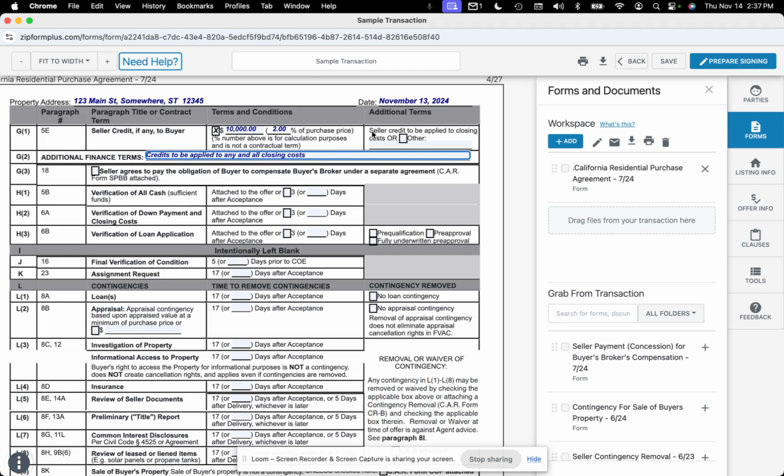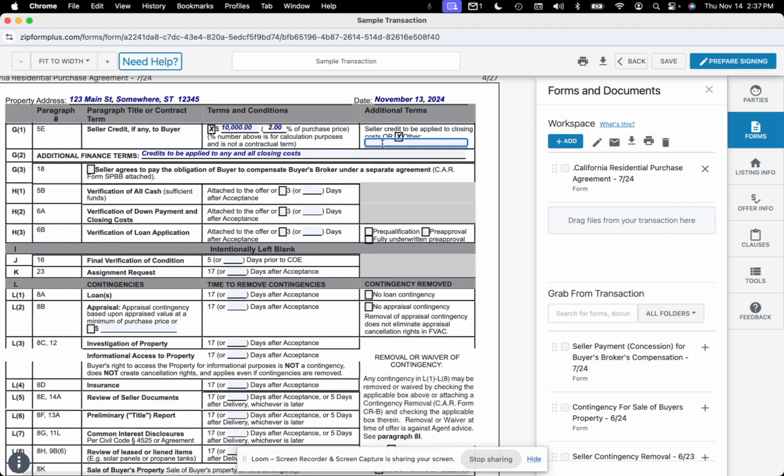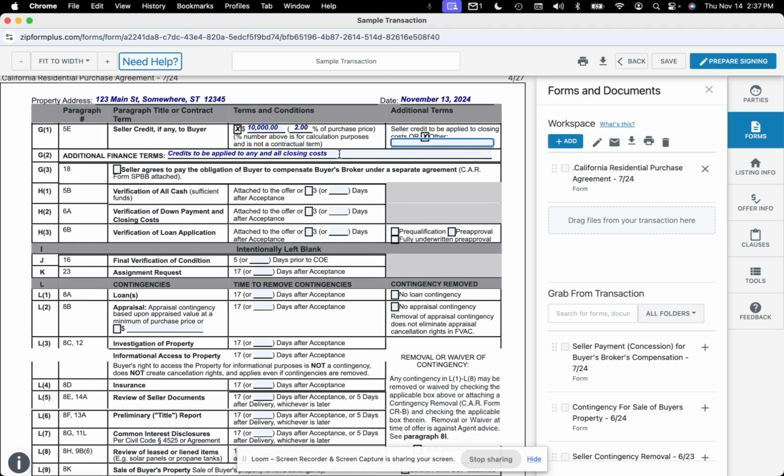Now, typically, seller credit will be applied to closing costs, or it can be applied to something else. Maybe you have a credit card bill that you have to pay off, and it's $10,000, and you wanted to apply towards that before it applies to your closing costs. So you can write that in. It's completely up to you how you're going to use the credits, as long as the seller agrees to it.